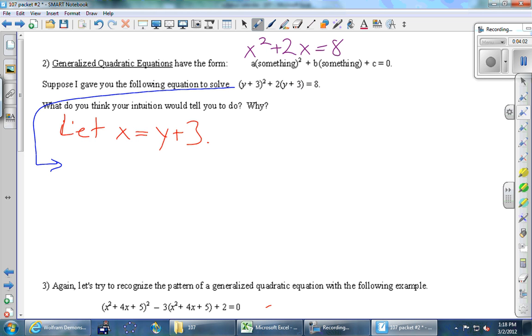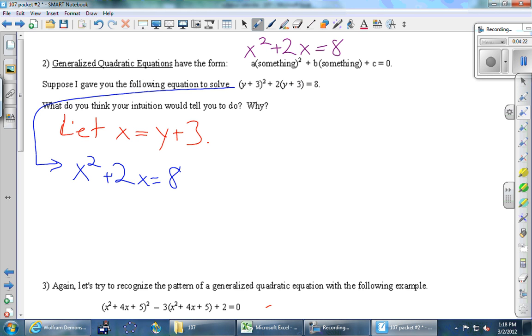And this equation becomes, instead of y plus 3 squared, what is it called now? It is now x squared. Plus 2 times, instead of y plus 3, x. Still equals 8.